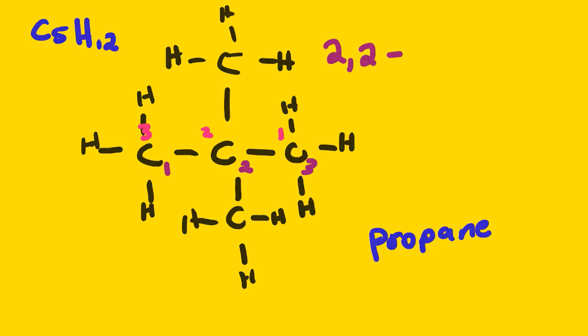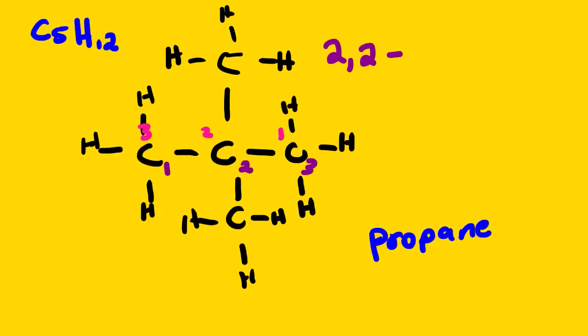Before we continue, let us go back to the basics of chemistry. We know that in chemistry, mono means 1, di means 2, tri means 3, tetra means 4, penta, hexa, hepta, and so forth. So in this case, we have how many methyl groups? We have 2 of them.